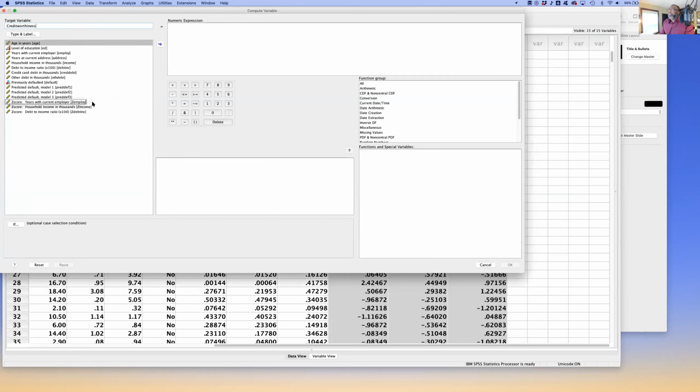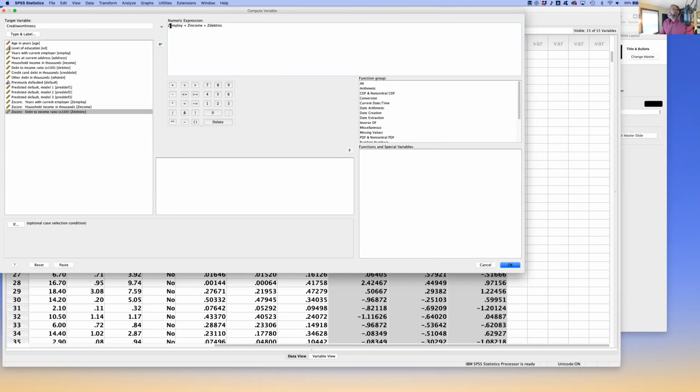Okay. Now what I want to do is click on years with current employer. We're going to go to the end to our new variable. I'm going to double click it, and then I'm going to hit plus. I'm going to double click this, hit plus, and double click that.